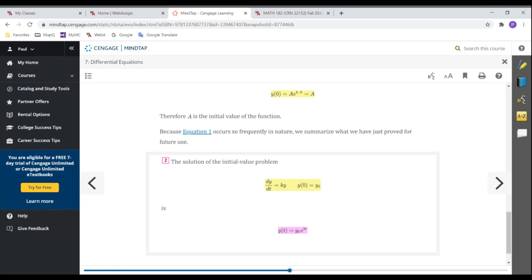Let me rephrase that. The solution to the initial value problem is y of t equals y sub 0 times e to the kt power.